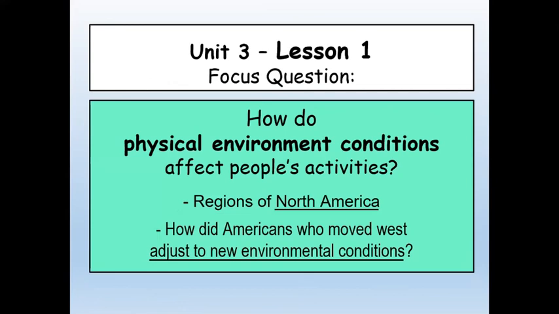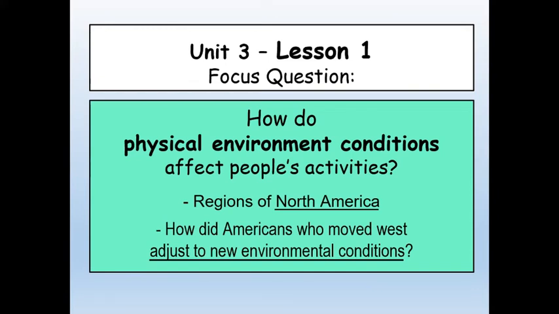Pretty soon we're going to go to lesson 1, where we talk mainly about the forcefulness of the physical environment. Andrea and Sharon are going to help you focus on North America, which is the region that we focus on in lesson 1.